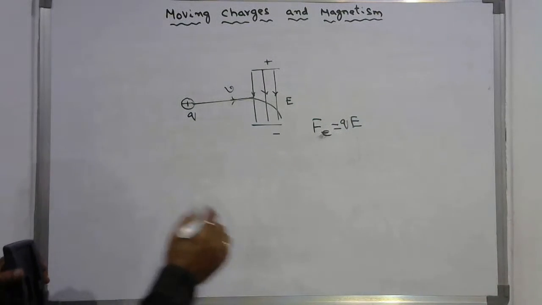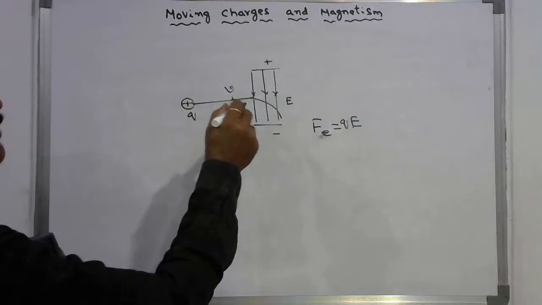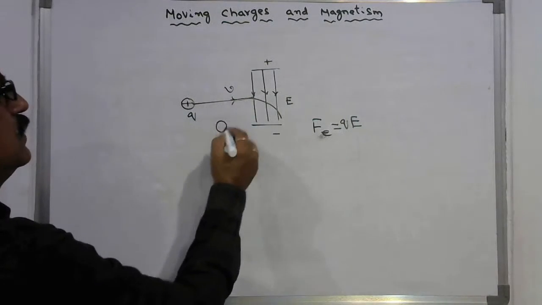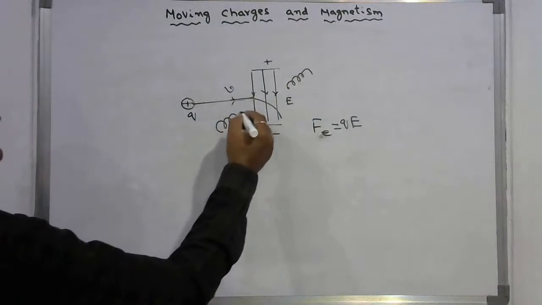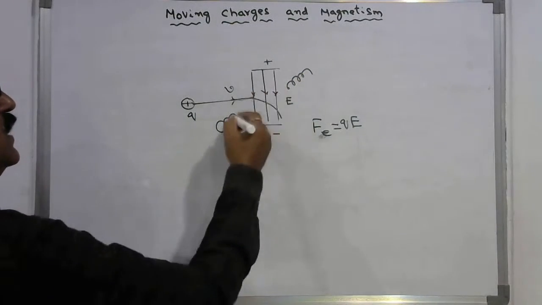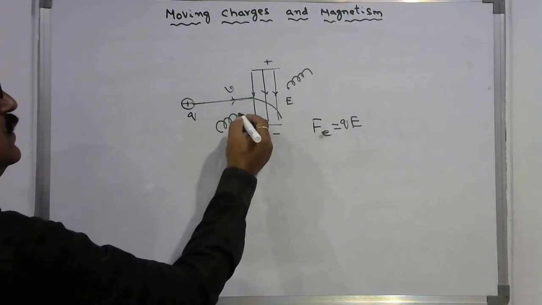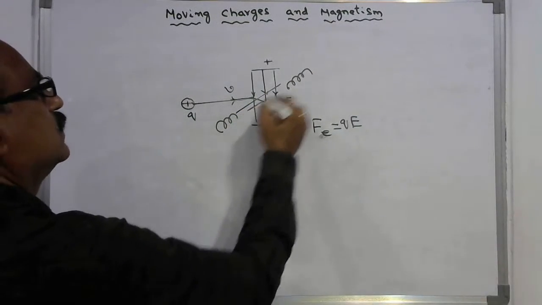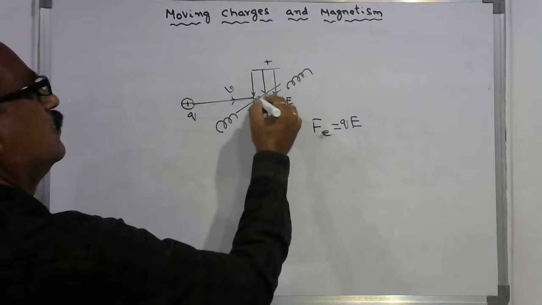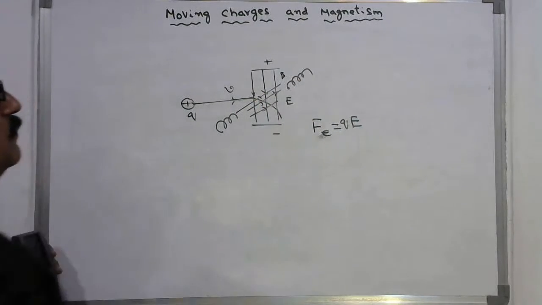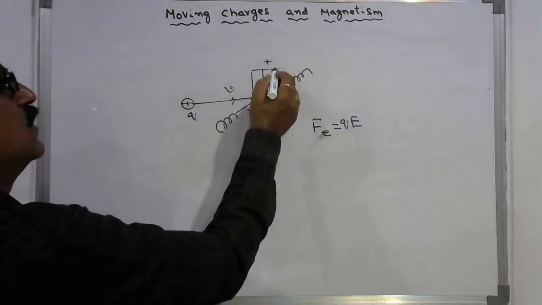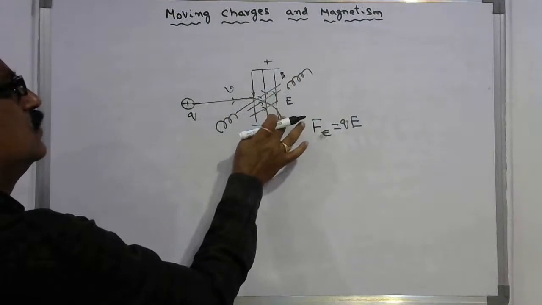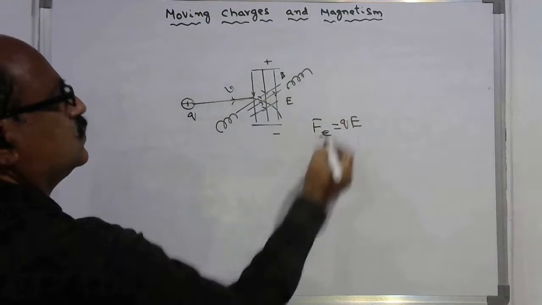And I simultaneously apply a magnetic field, normal to the direction of the charge. I applied another force, the magnetic field, here. Then this bends in the upward direction. What is the force due to magnetic field?